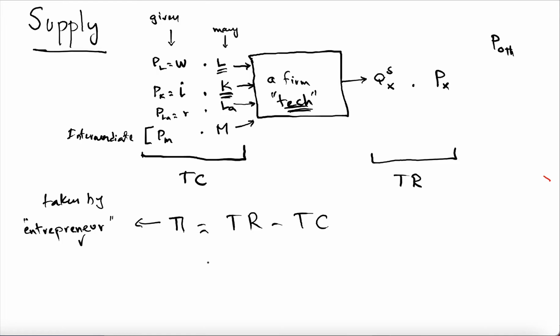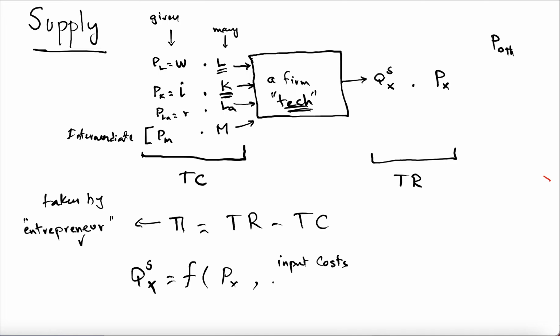So the supply function, quantity supplied of commodity X, is going to be a function of course of the price of X. If this is increasing, this is going to change, and then anything related to the cost, be it quantities or prices of these, we call it the input costs.